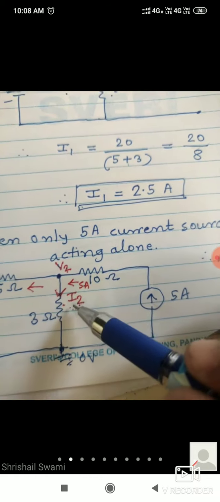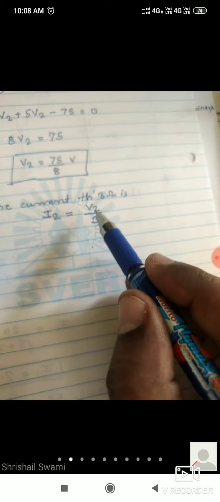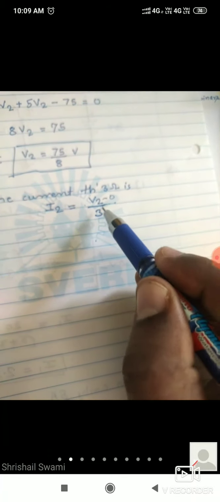This is the current you are finding, I2. So V2 minus 0 divided by 3, that I have written here. V2 minus 0 divided by 3. So how much V2 did you get? 75 by 8 divided by 3. So 3 goes into 75 as 25. So 25 divided by 8. How much? 5 point?